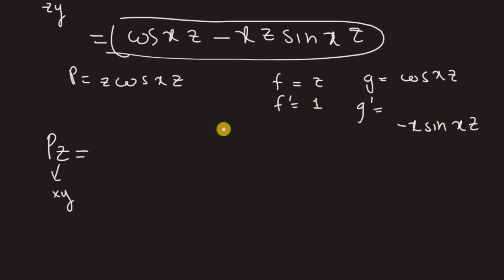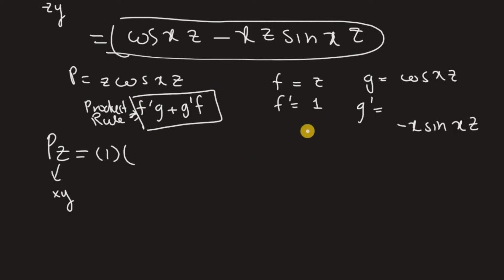So now we have f prime times g for the product rule, right? F prime times g plus g prime times f. This is product rule, and you need to know this by heart.